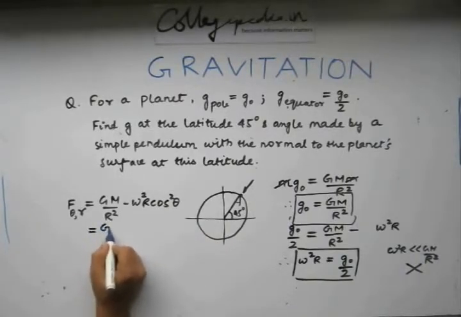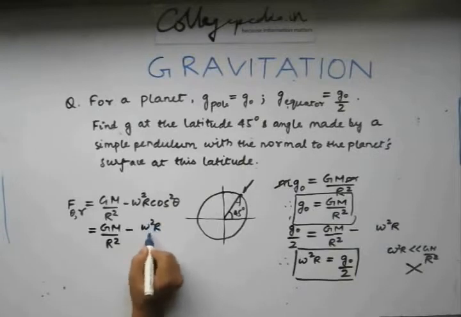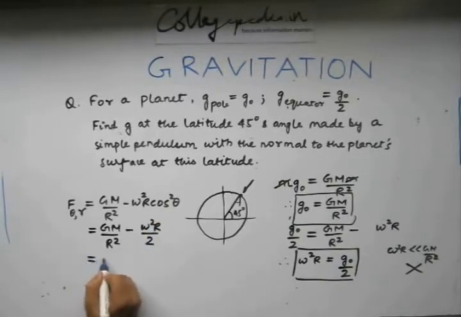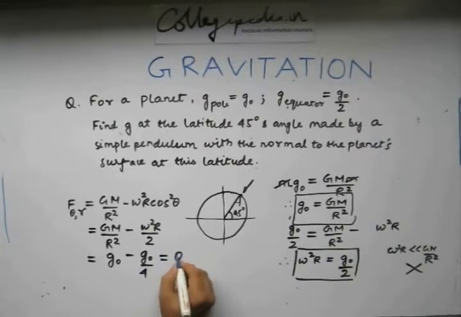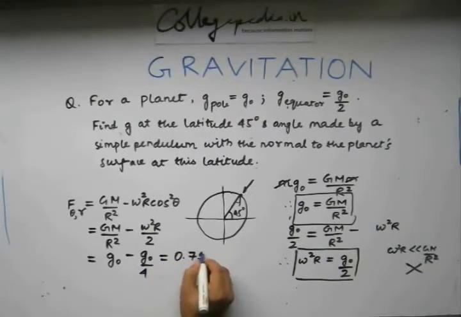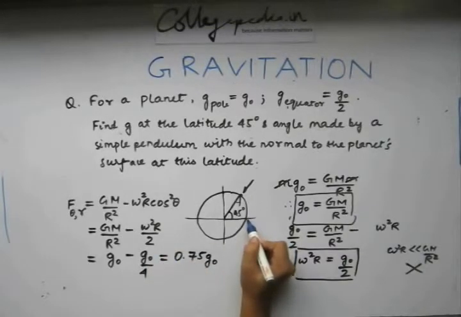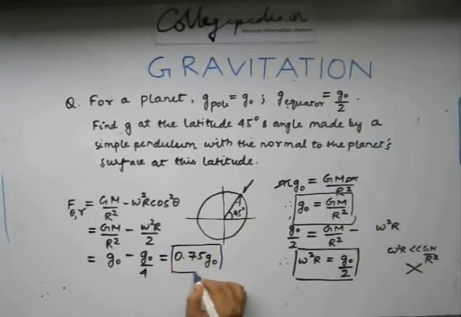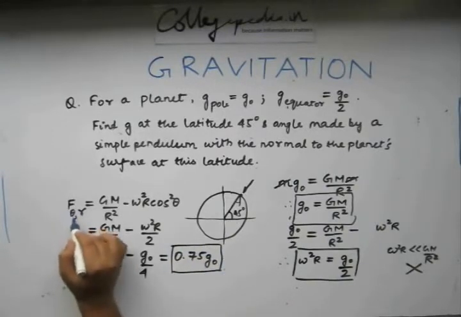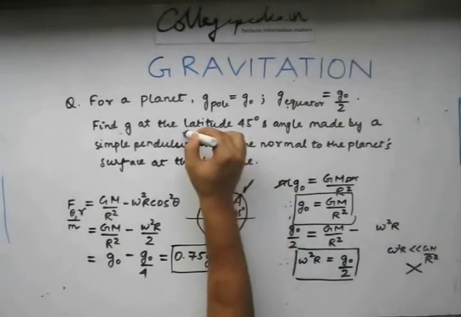We get this as GM by R square minus omega square R by 2. This gives us g naught minus g naught by 4, which gives us the value of 0.75 g naught. Note that this value lies in between 0.5 g naught and g naught, so our calculations are correct. This is the value of g. This must be F by m. This is the value of g at the latitude of 45 degrees.